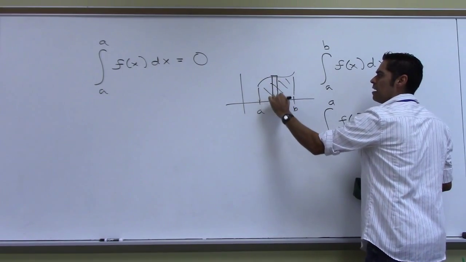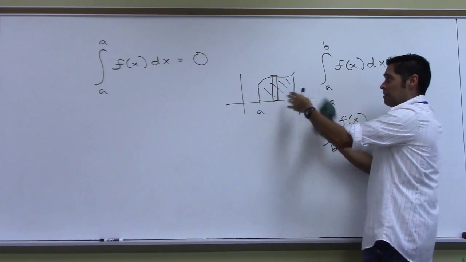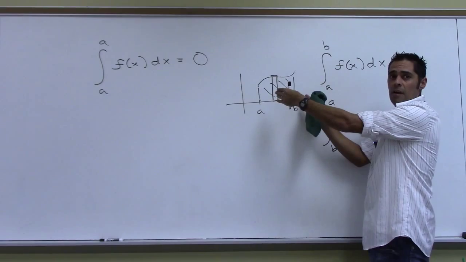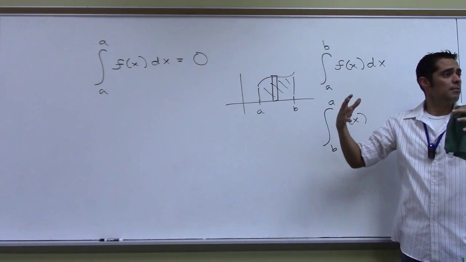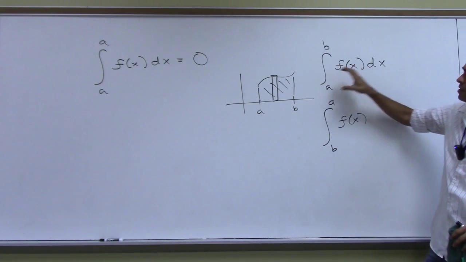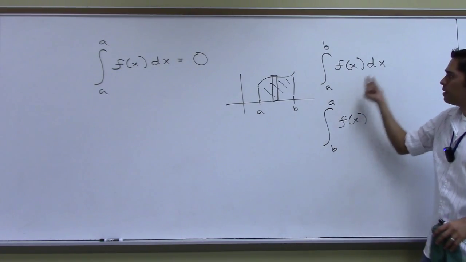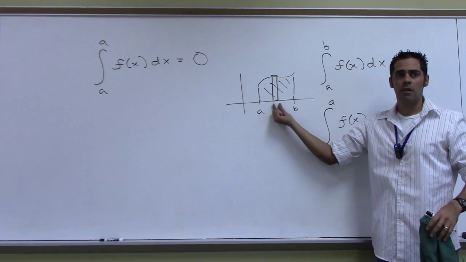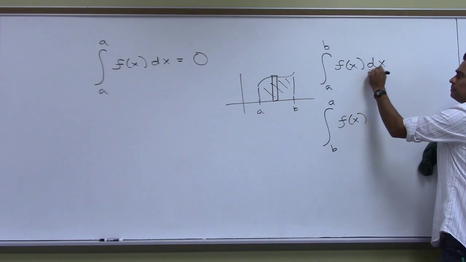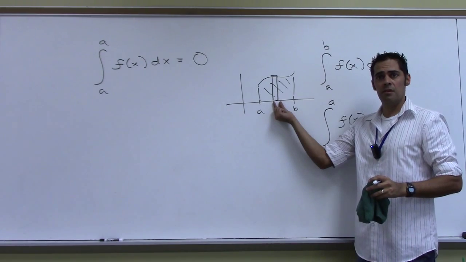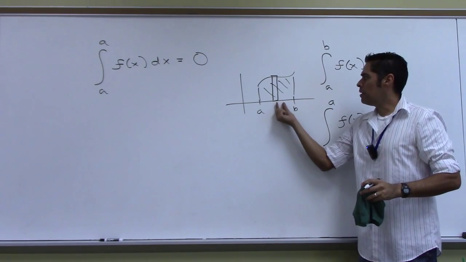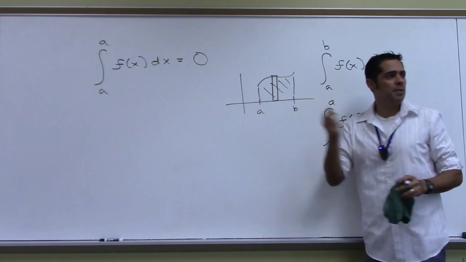Remember, if you take a little slice, a little rectangle out of this, we're going to have an infinite number of them in here, right? This integral sign meant we're going to add up an infinite number of them. The f of x represented the height of the rectangle. The dx represented the width, right? So when we get this dx in this formula, it's how wide this is. But if we reverse the order of b and a, that width becomes negative.